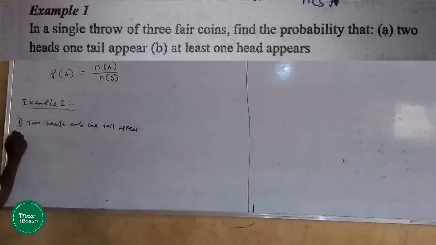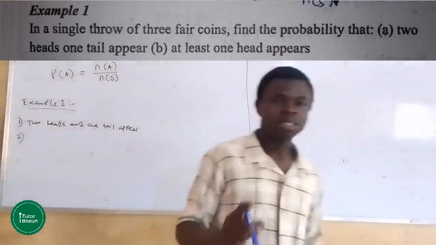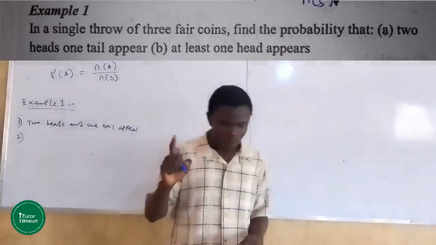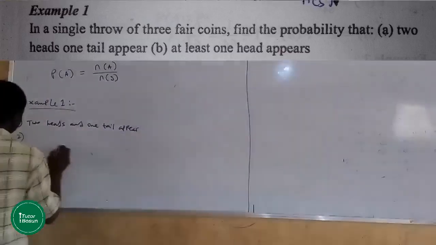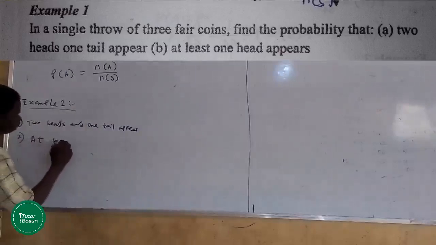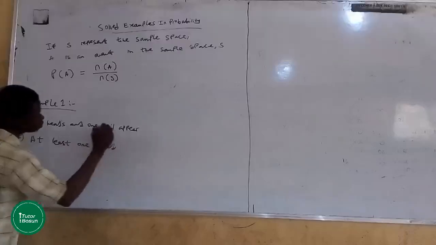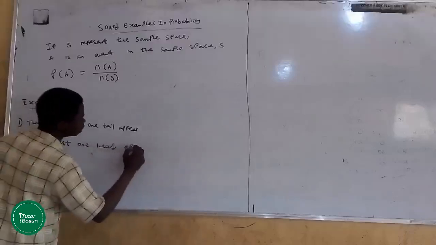The second says: find the probability that at least 1 head appears.